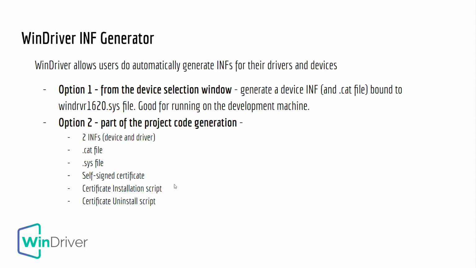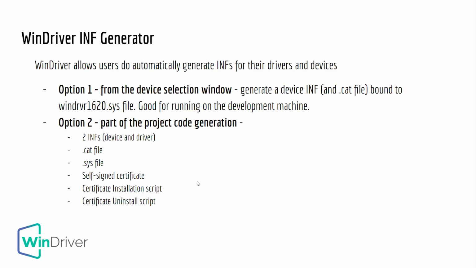You get a sys file, and from now on, you will get a catalog file, which is related to all three of them, the two INFs and the sys file, a self-signed certificate for distribution, and two scripts, one for installation and one for uninstall of the certificate.